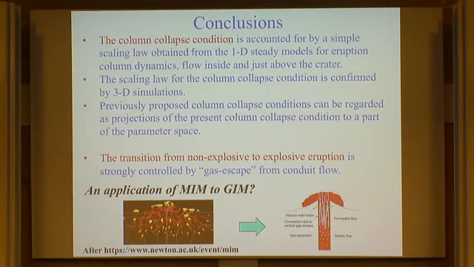And the previously proposed ground collapse condition can be regarded as a projection of the present ground collapse condition to a part of the parameter space. The second topic is that the transition from non-explosive to explosive eruption is strongly controlled by gas escape from conduit flow.